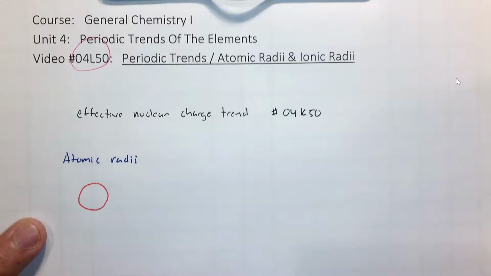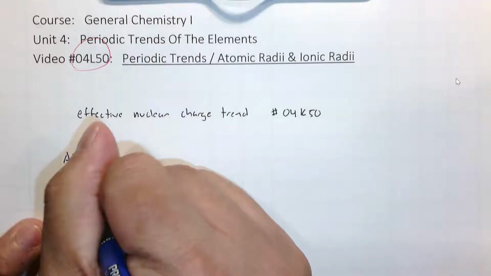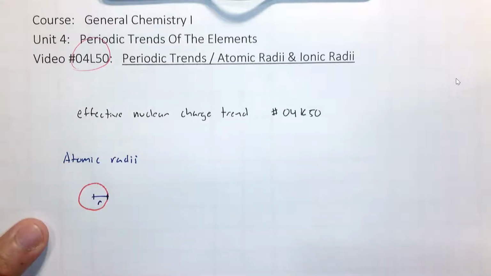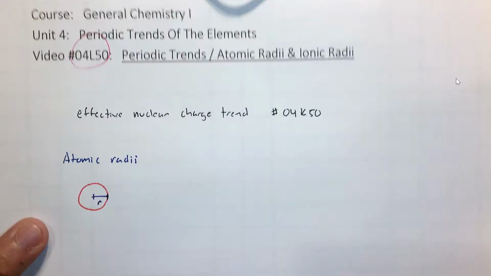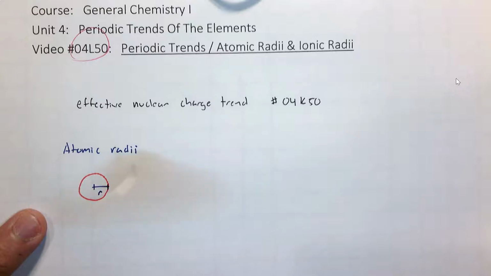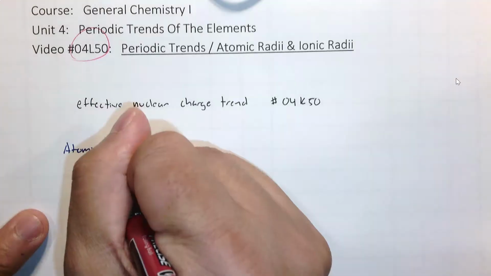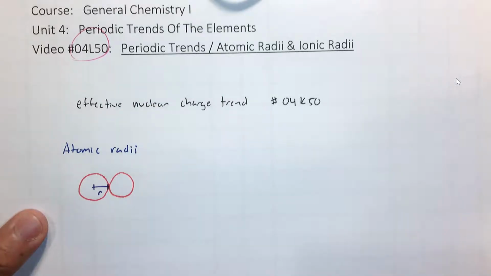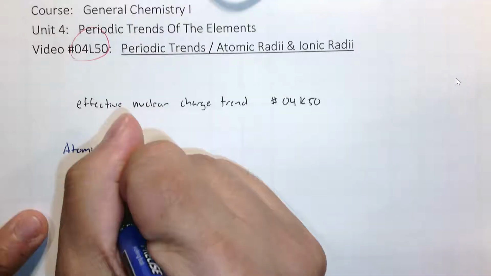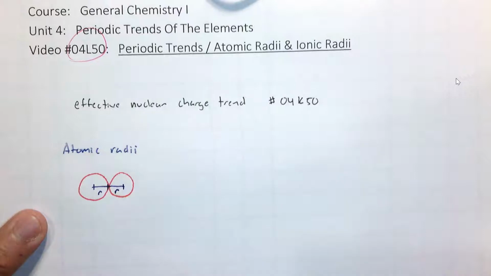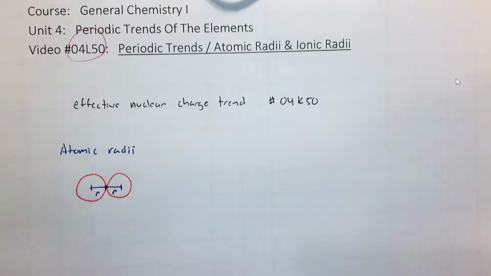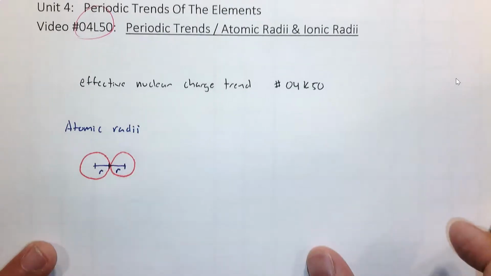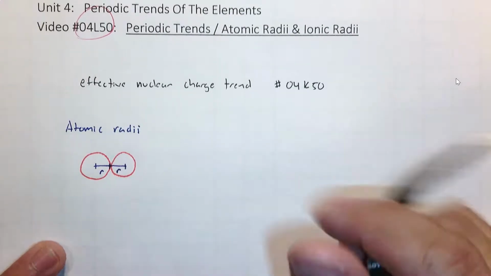And simply the radii or the radius is just this distance right here, r. Now, if you have two atoms close together but not bonded, then the distance between the two nuclei is two of these, 2r. But right now, that's not the important part. The important part is what are the trends as we go either down a group or across a period.